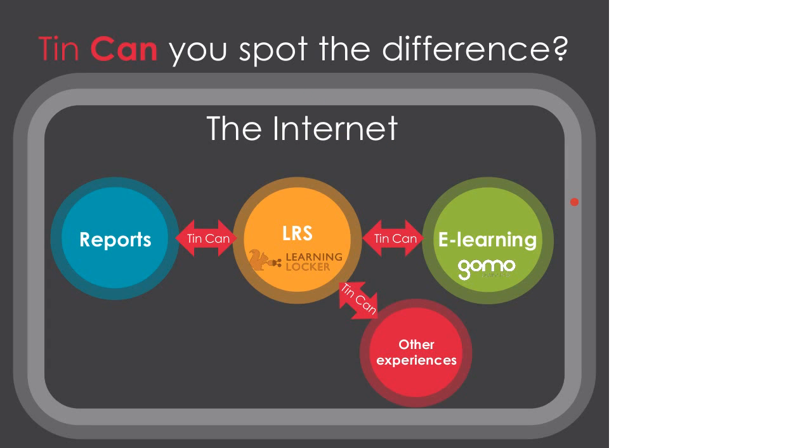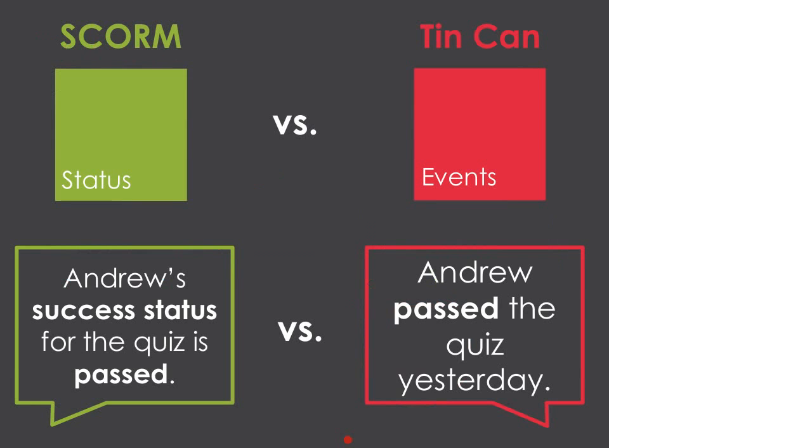Another important difference to note is that this says the internet rather than the LMS. So as I mentioned, everything can be on a different server. It could all be on the same server, but it can be distributed across different organisations, and different organisations might manage different tools.